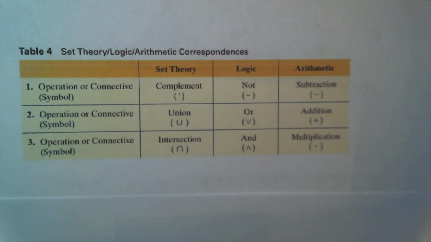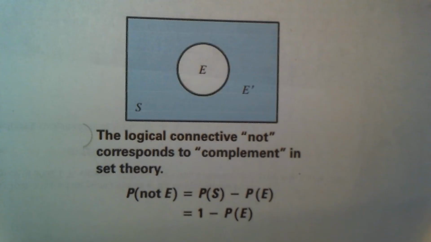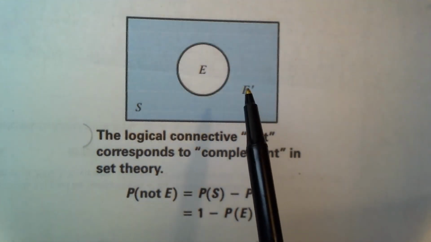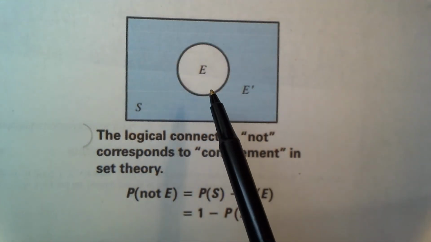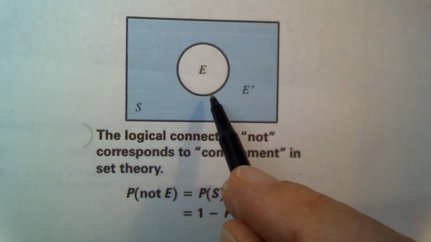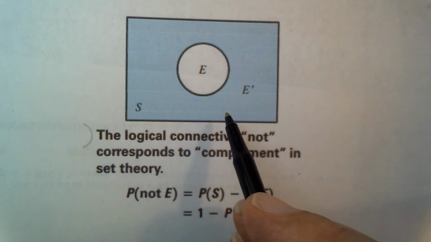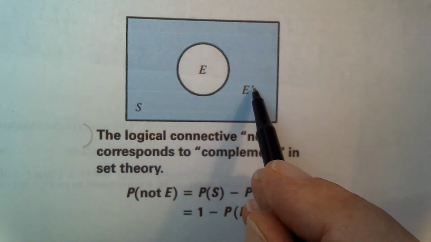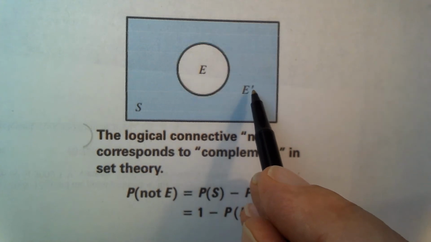And so we're going to use this definition here to come up with a very important concept. It is something you may have seen before in set theory, where the outside is the universal set, and then something in the middle is a set E. And so then what's outside E is the complement of E, and we use the apostrophe or prime.